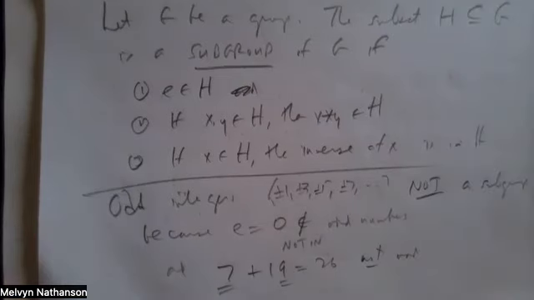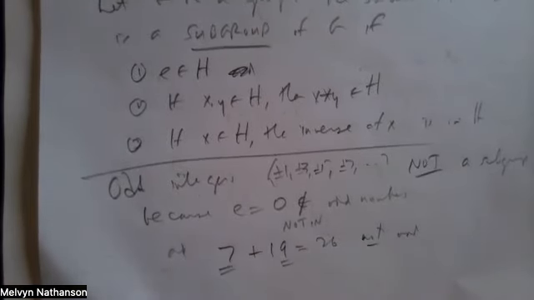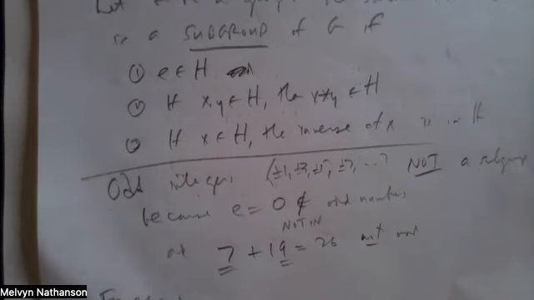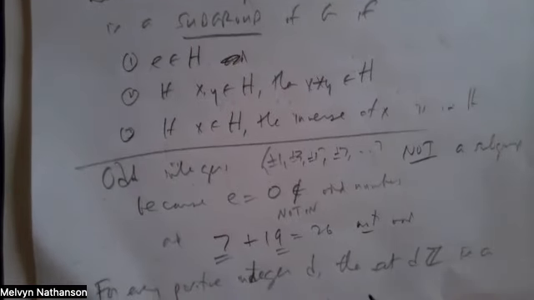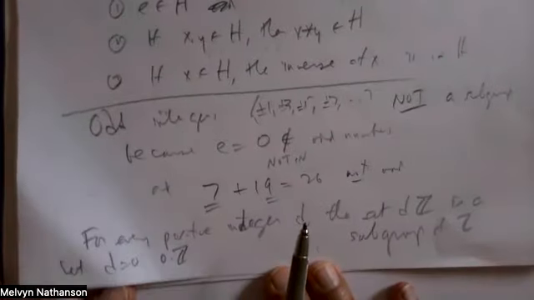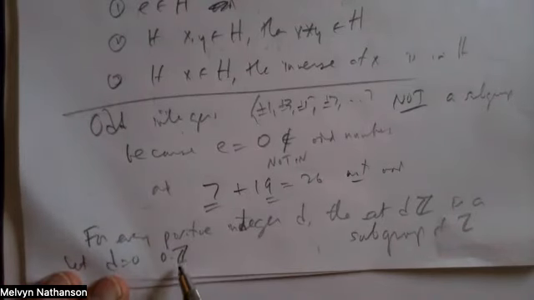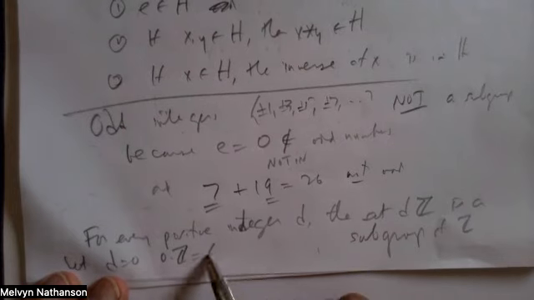And one thing we just observed is that for every positive integer D, the set ZD is a subgroup of Z. In fact, even if we let D equal 0, 0 times Z, the set of all multiples of 0, no matter what number you multiply by 0, you always get 0.